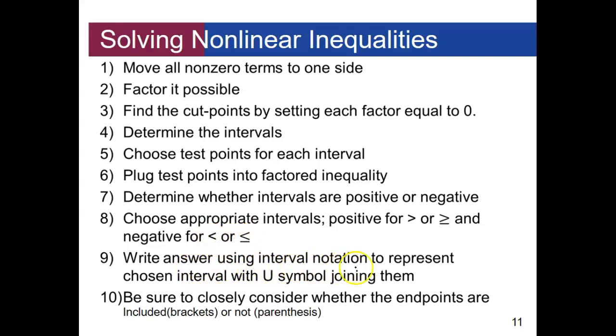Write your answer using interval notation to represent the chosen interval, and you'll use the union symbol to join those. And then last, be sure that you are correctly including the endpoints: brackets if the endpoint's included, and parentheses if they're not included. So this is a long list, but keep it in front of you as we go through these examples, and I think you'll see how it flows as we go.